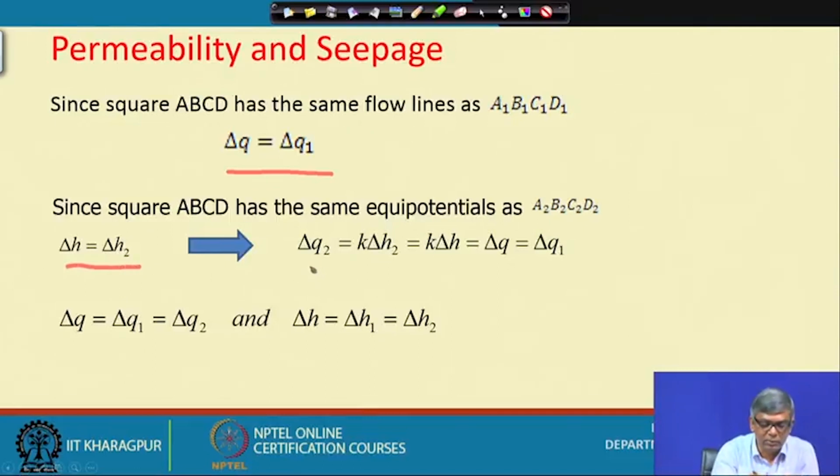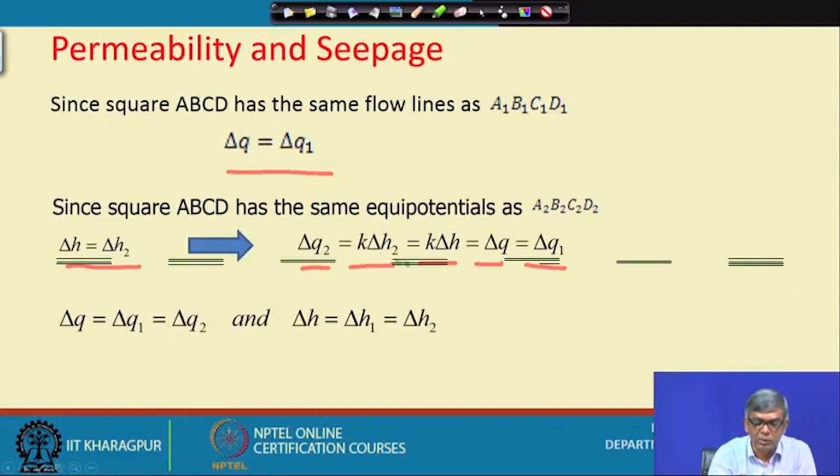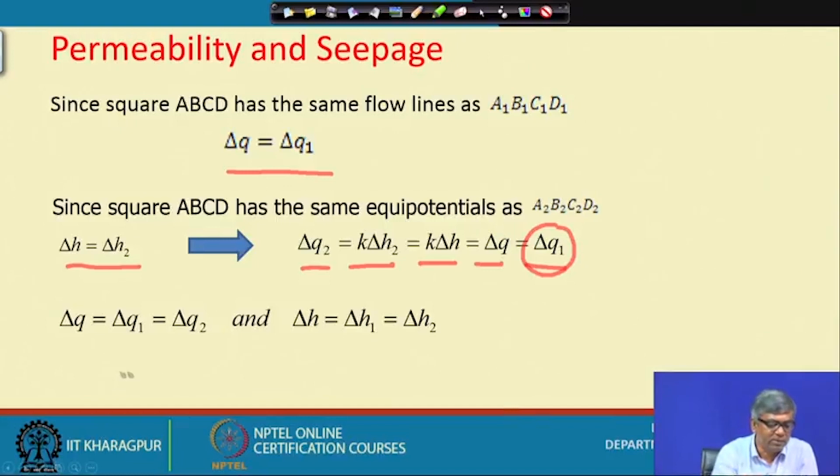So, del Q2 equals K del H2 equals K delta H, which equals del Q, which equals del Q1. So del Q equals del Q1 equals del Q2, and del H equals del H1 equals del H2.